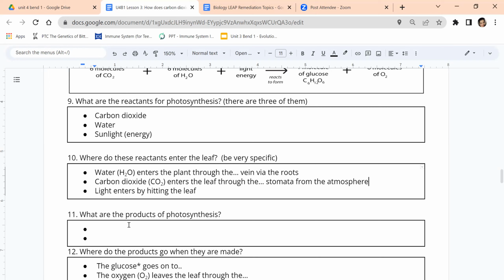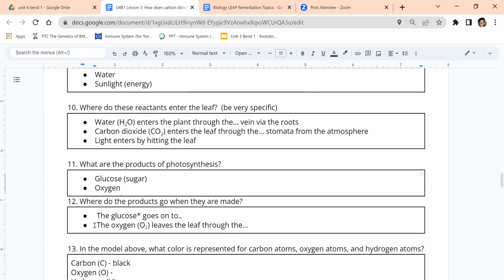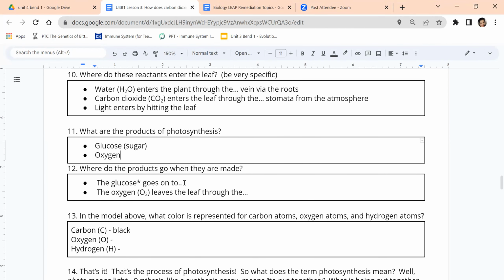And so then after the chemical reaction occurs, the products of photosynthesis are glucose or sugar and oxygen. So where do these products go when they are made?